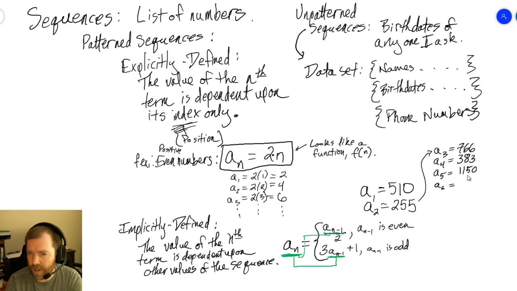A sub 6 is going to be half that amount, is 575. Nuts. It's going to last a while, I guess. 1726. Divide by 2. A sub 8 is 863.